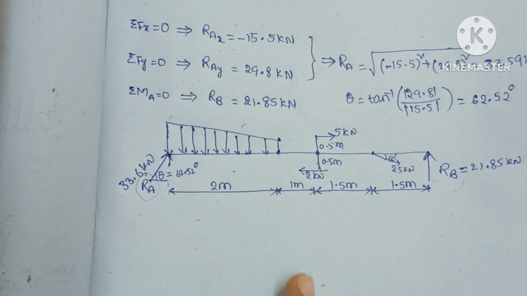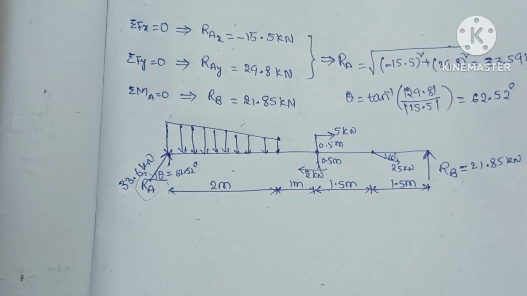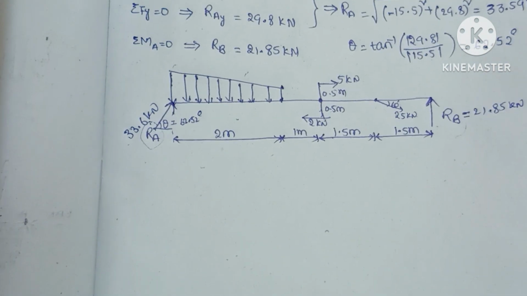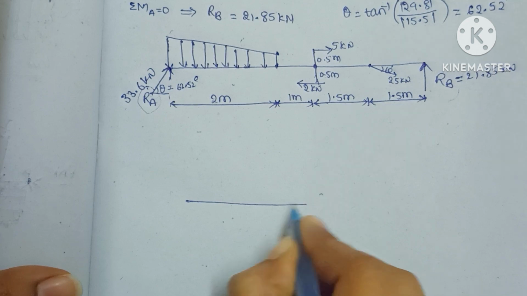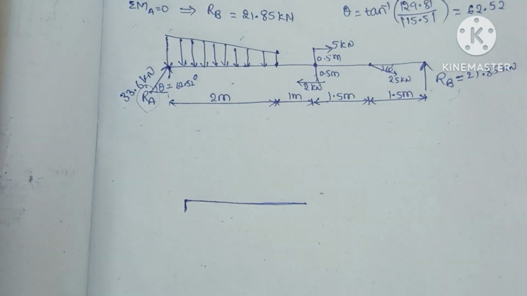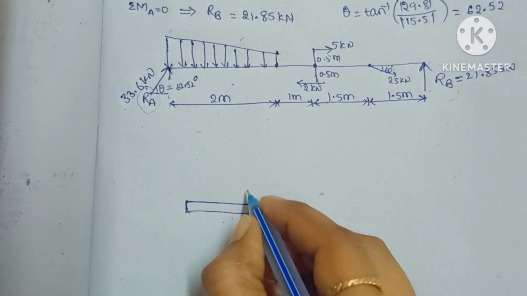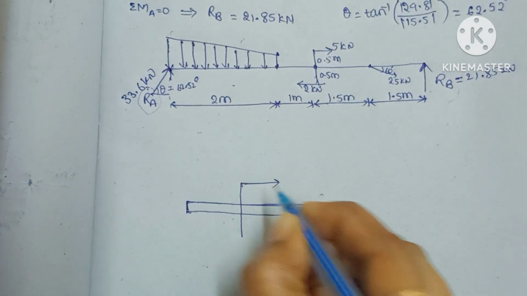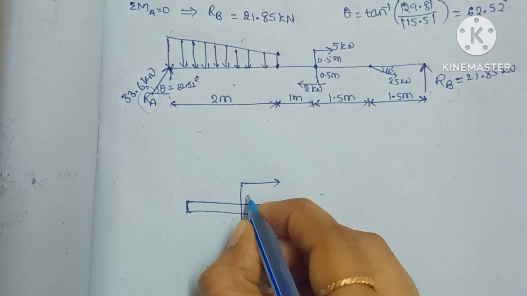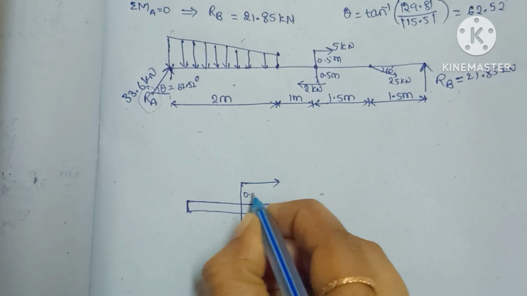And I told you how to shift these forces, no? So if you want, you can continue this video. For shifting these forces, if we consider one beam like this, the force is acting here at some distance, which is 0.5 meter.